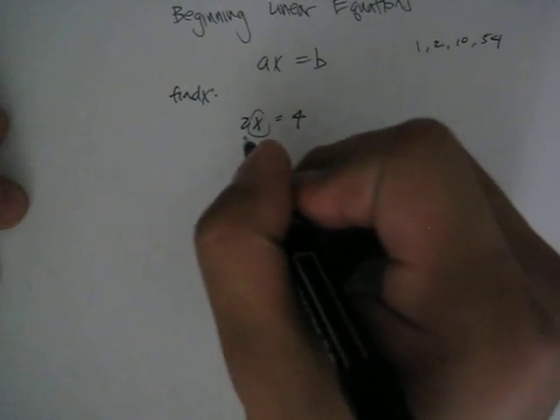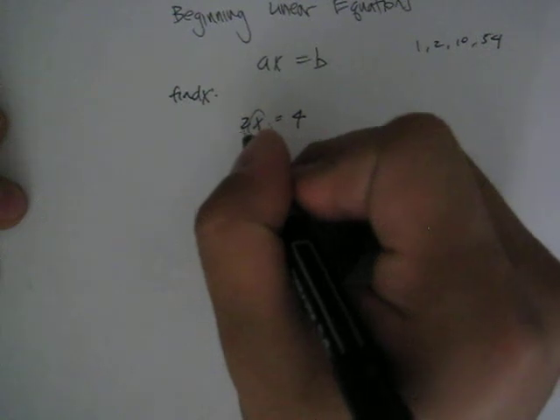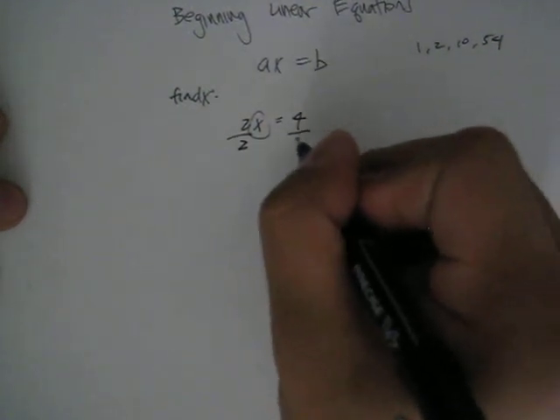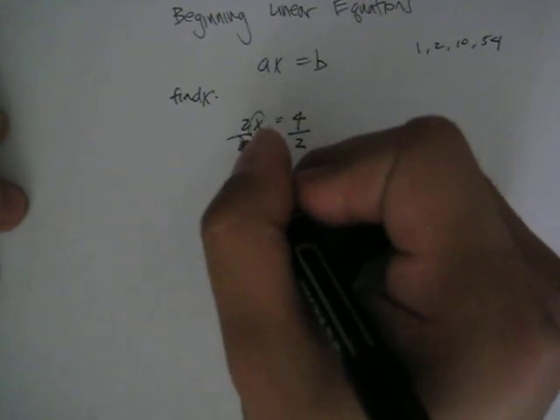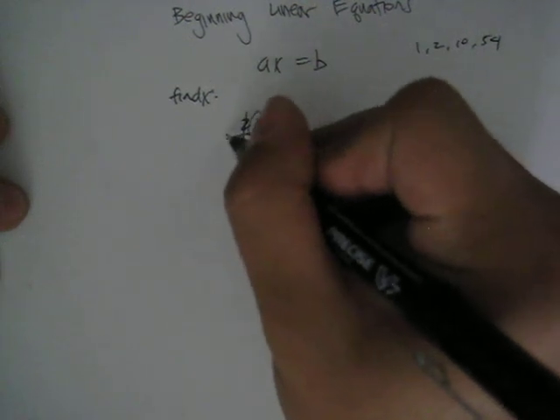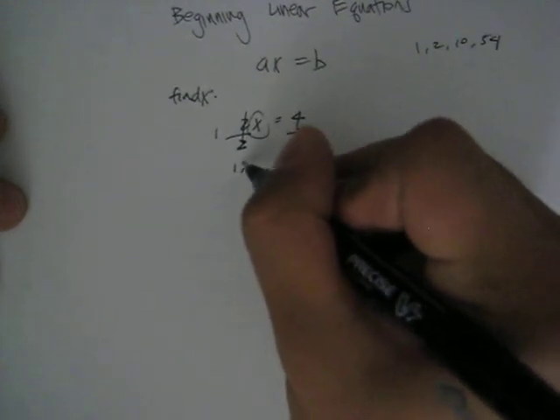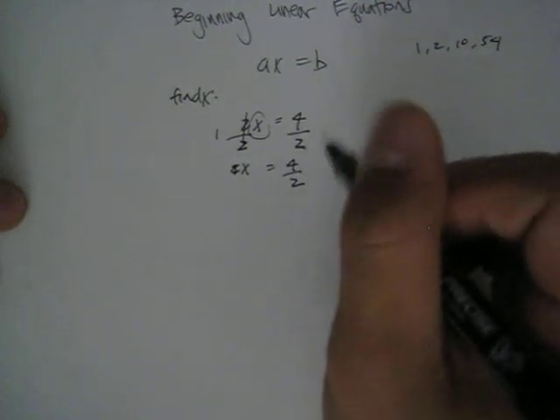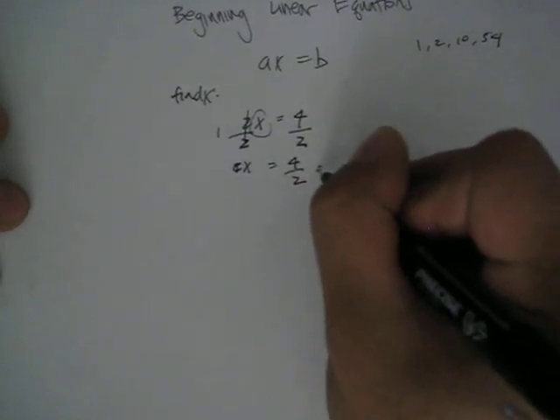You can divide each side by the number in front of x to get rid of it, which is 2. You divide by 2 because you have 2x, which makes this equal to 1. So 1x, or simply x, equals 4 divided by 2, which is equal to 2.